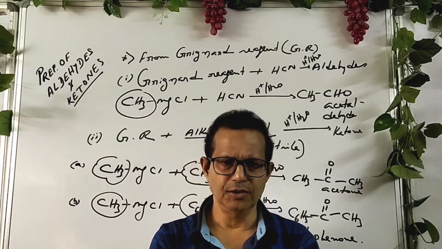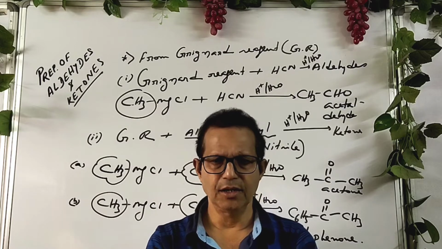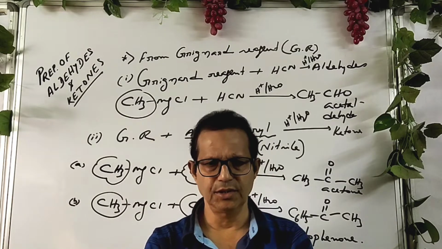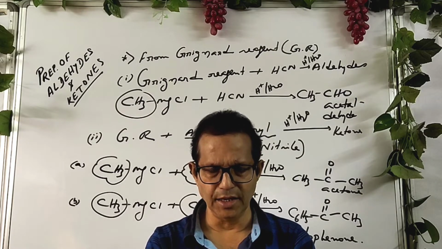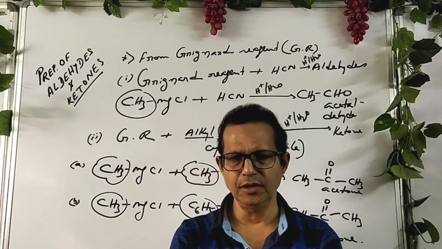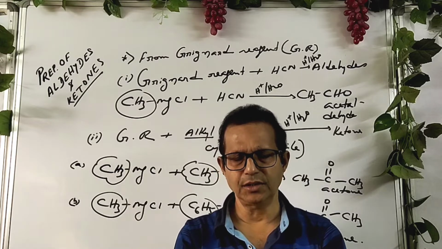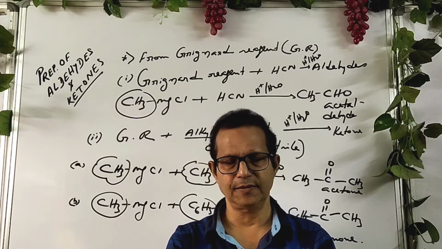Okay, so let's start the next preparation of aldehydes and ketones, that is by hydration of alkynes. You know alkynes, compounds having carbon-carbon triple bond are called alkynes.